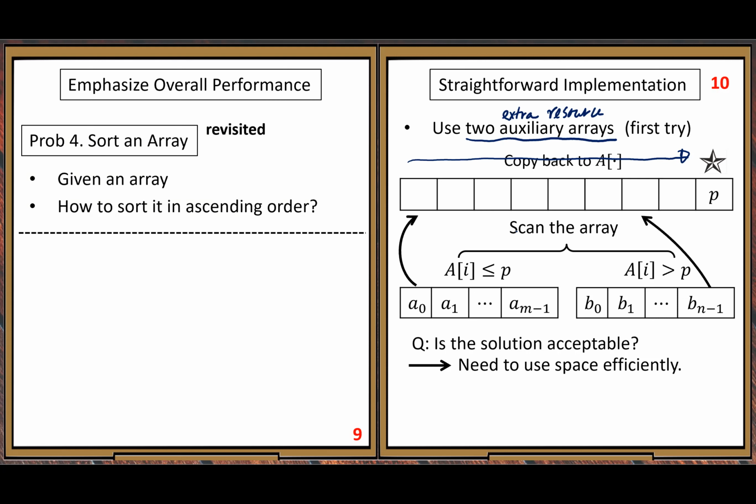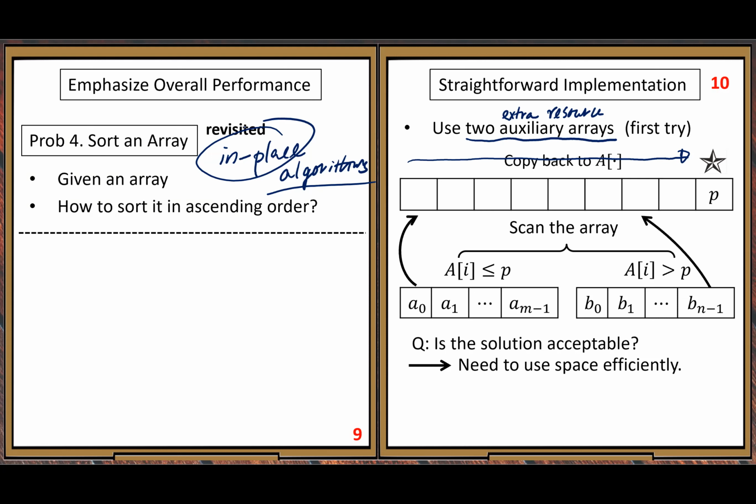Here, there is a concept I mentioned before, a long time ago, so probably many of you already forgot. That concept is called in-place algorithms. This in-place is different from our usual meaning, where the elements are in place.